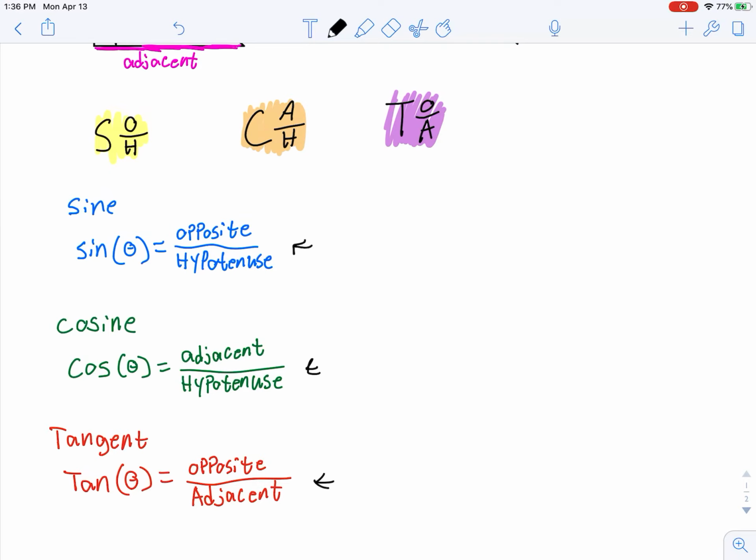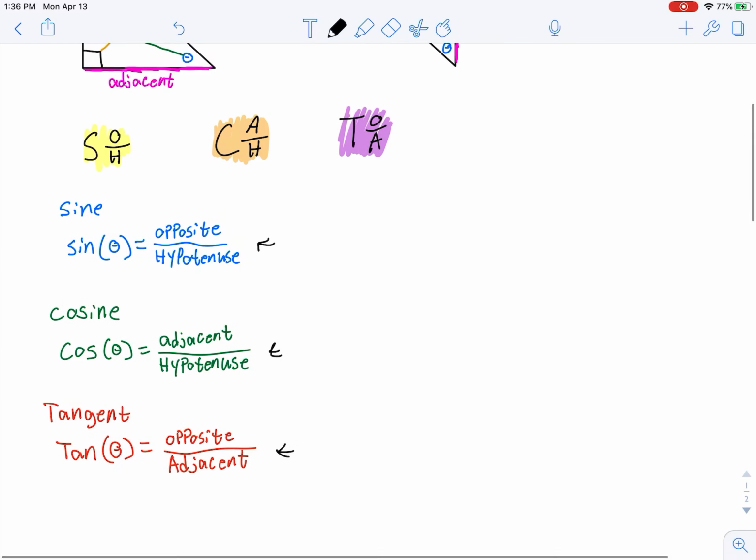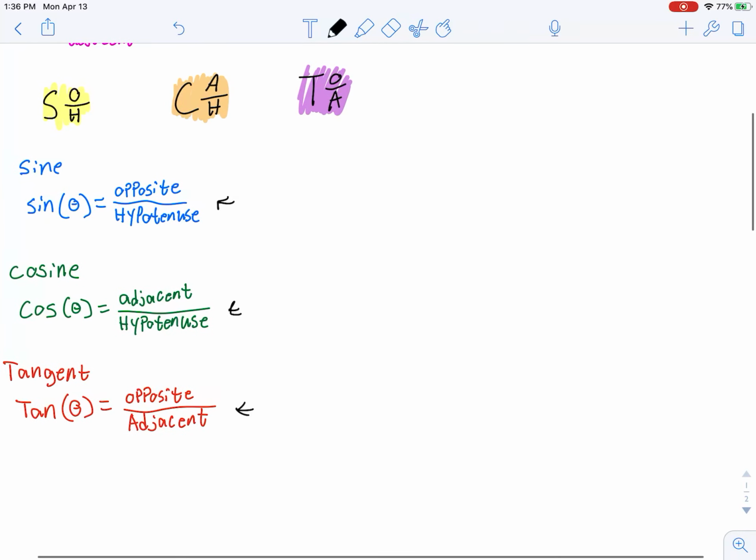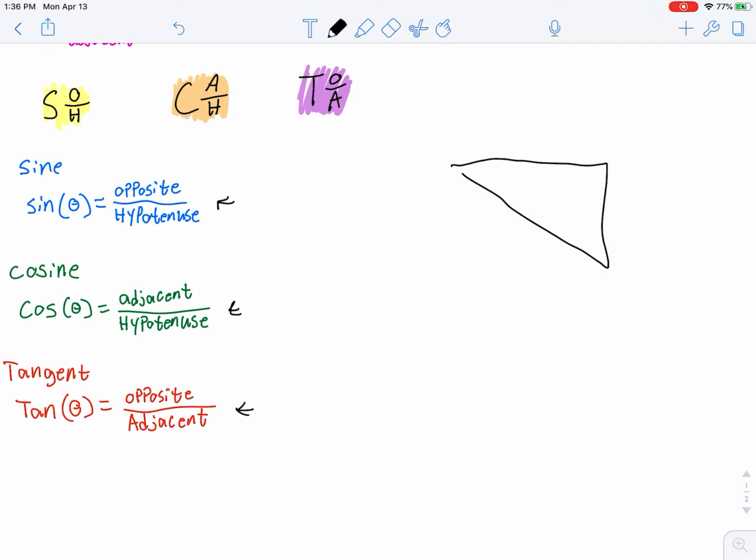So what I'm going to do is I want you guys to draw a triangle. Alright, so just kind of off to the side over here. Let's draw a triangle. Let's draw it like this. Okay. Here's our 90 degree.